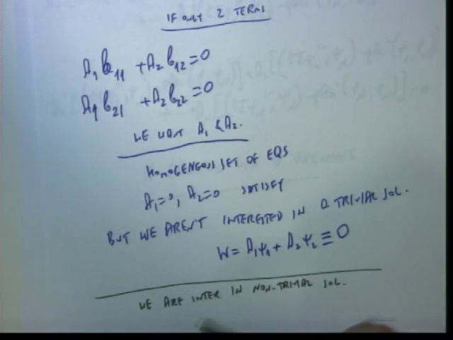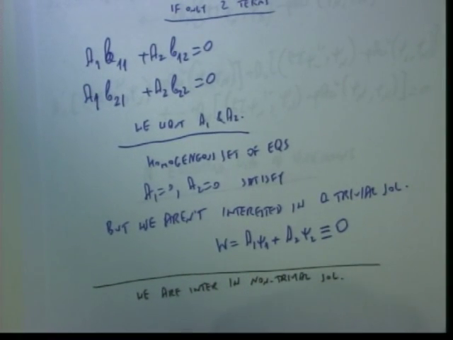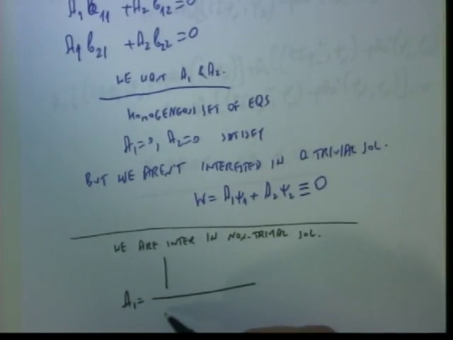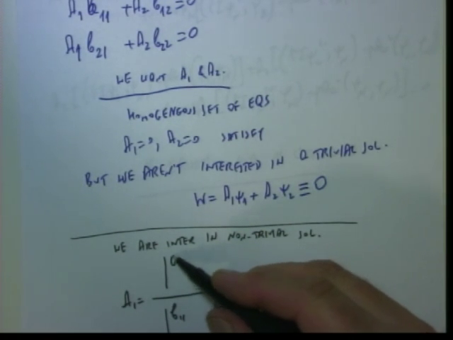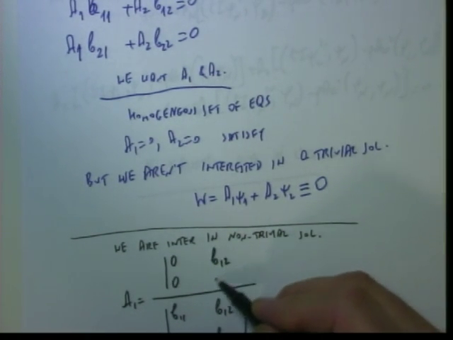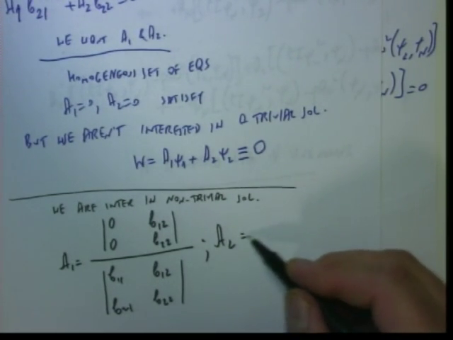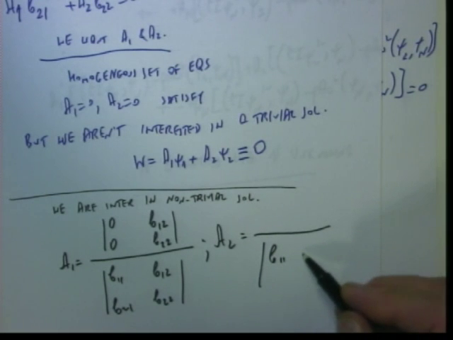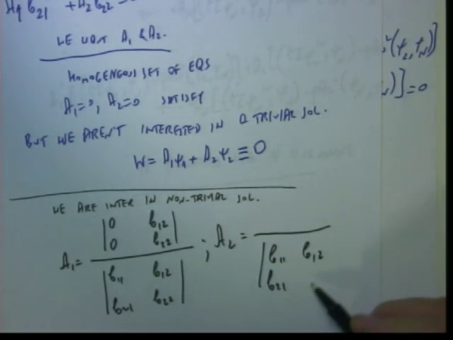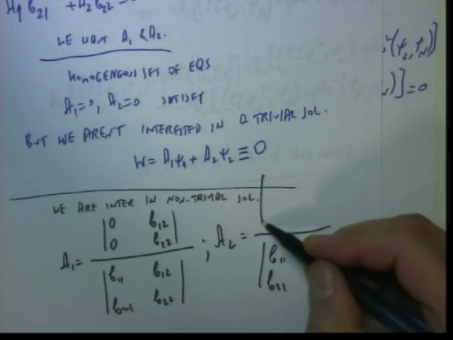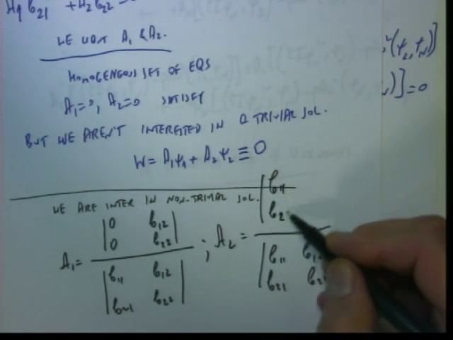Now, how do we solve this set of equations? We write down A1 equals, say, a determinant. Here the denominator is the determinant B11, B12, B21, B22. Here, for A1 I should write 0, 0, B12, B22. A2 equals the same determinant B11, B12, B21, B22, with B11, B21, 0, 0 in the numerator.